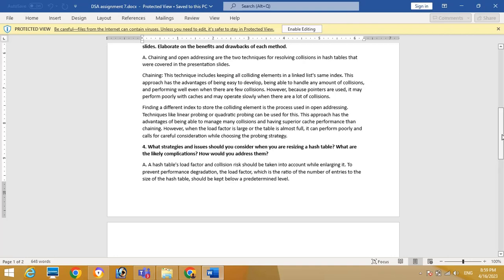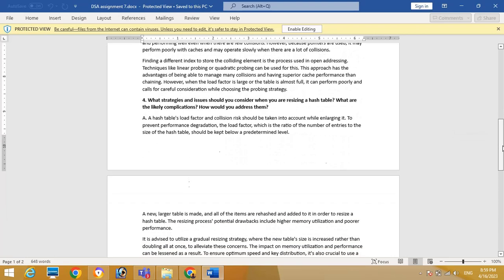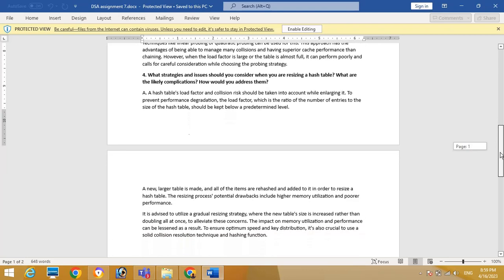To resize a hash table, a new larger table is made and all of the items are rehashed and added to it. The potential drawbacks include higher memory utilization and poorer performance.